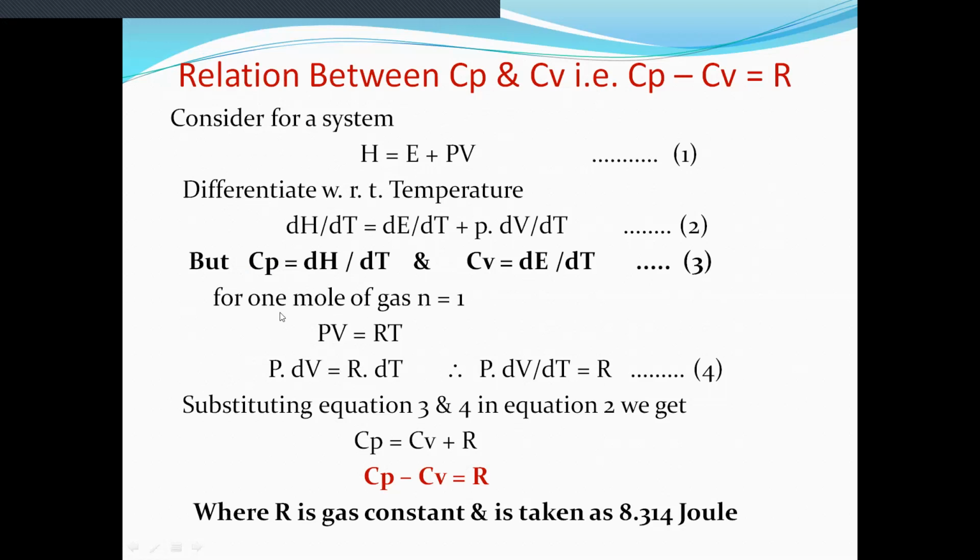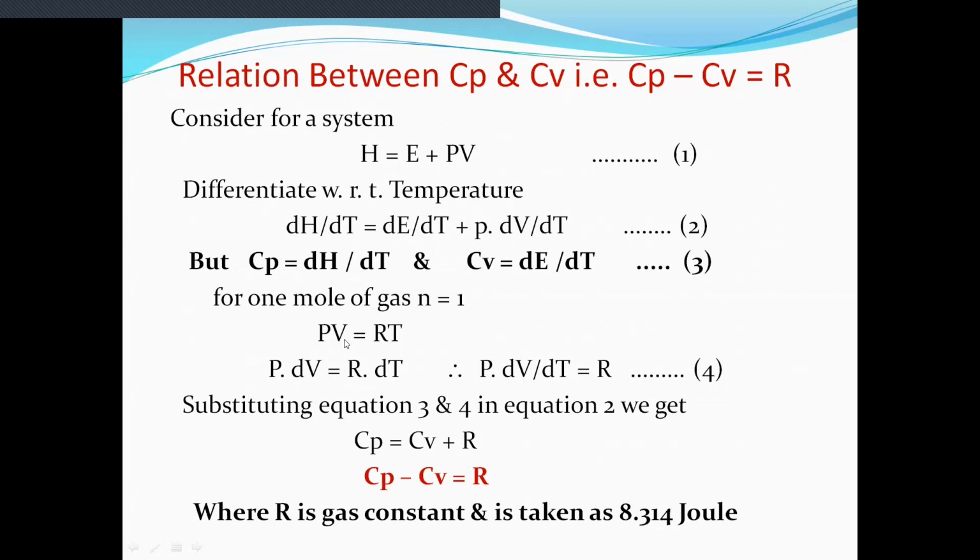Now for 1 mole of gas, the ideal gas equation. What is the ideal gas equation? We have seen that PV is equal to nRT. This is the ideal gas equation for n moles. But if we take 1 mole, we put the value of small n, the number of moles, as 1. Then the equation becomes PV is equal to RT.